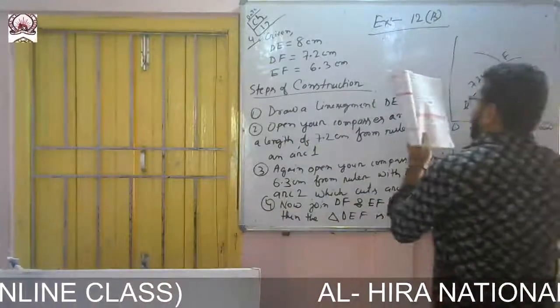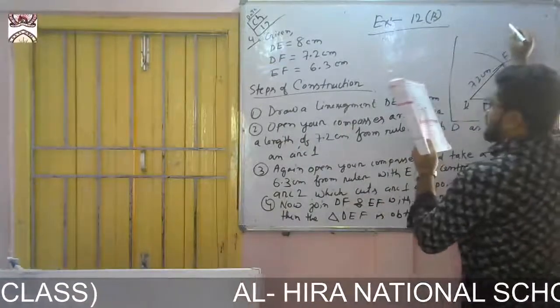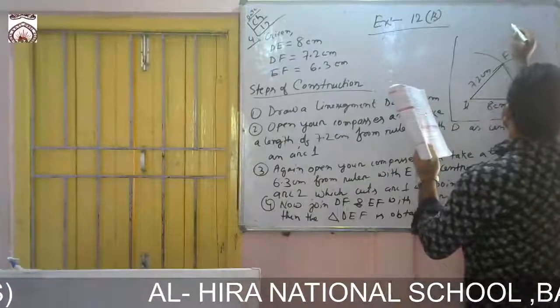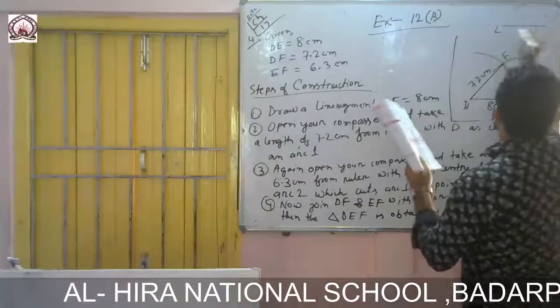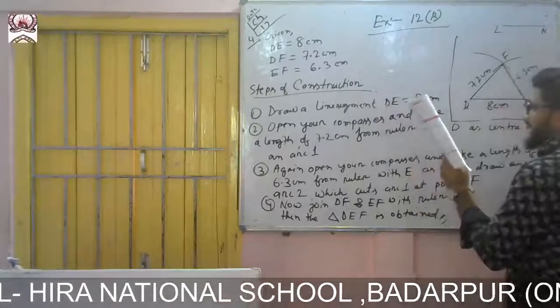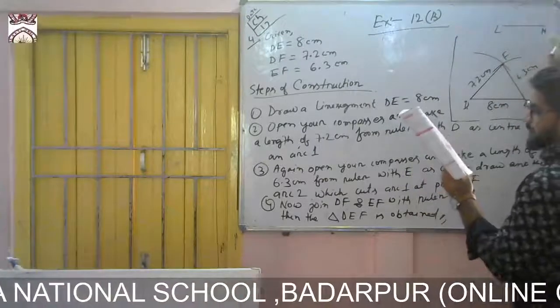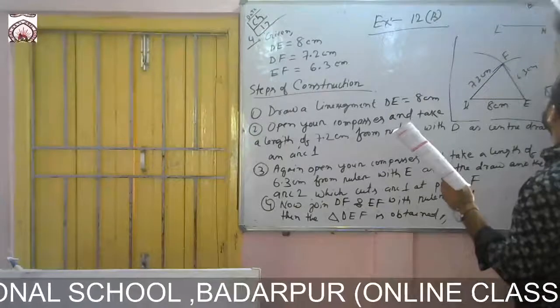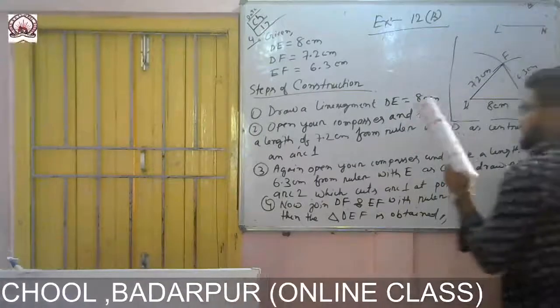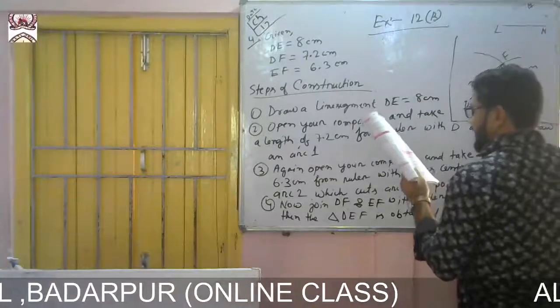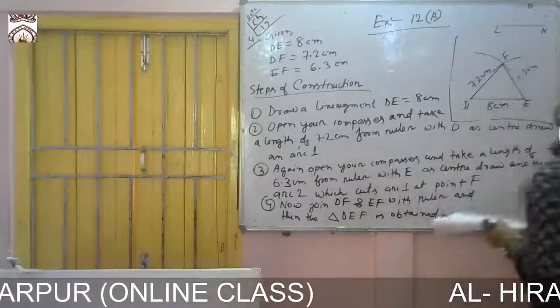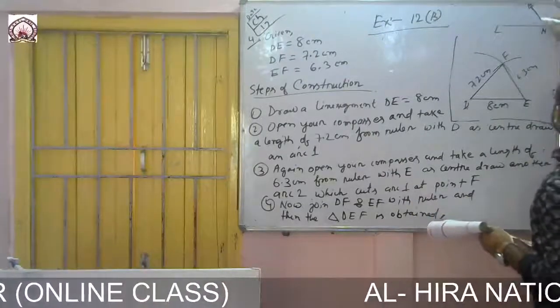LMN. So LN is 7 centimeter, let me take this one as LN. M will be somewhere else. Then NM, how much is given?